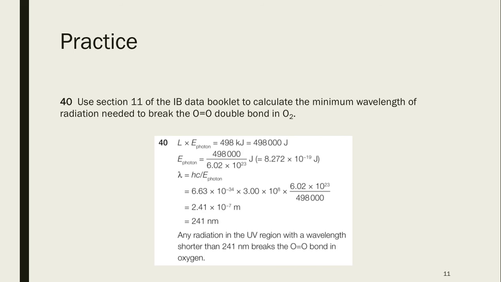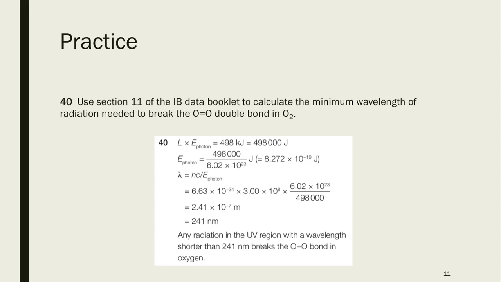We are looking for wavelength, so we're going to use wavelength is equal to Planck's constant times the speed of light divided by the energy, which we just calculated before. So we can plug in our constants, plug in what we know, and we can calculate 241 nanometers.